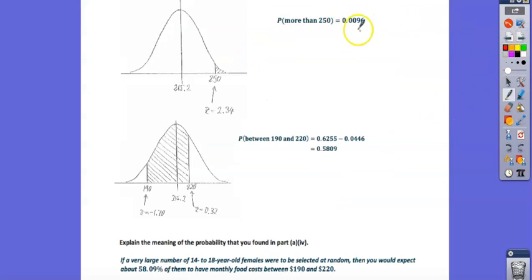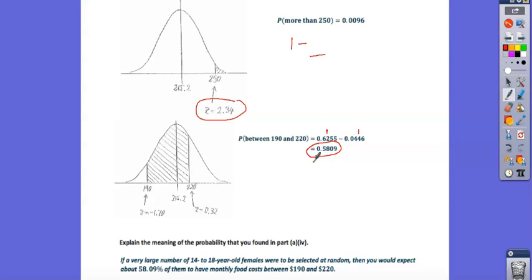When I want to do something like this, I'm going to do 1 minus whatever the table gives me for a z-score of 2.34, because when I look it up in the table, it gives me this area over here. This one, same thing. I'm going to get the z-score here, look it up in the table, get that probability there, subtract the small probability over here, and that's my final answer.